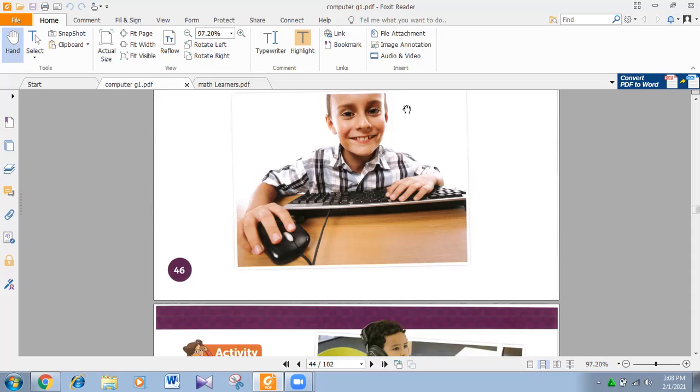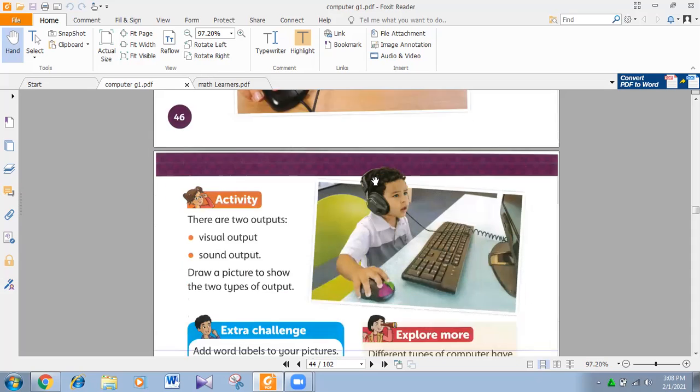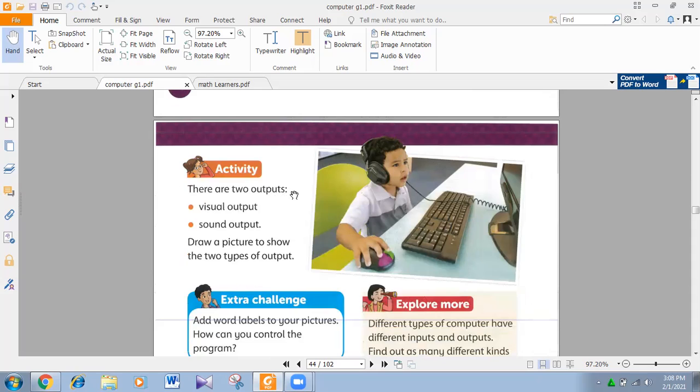Whereas if you think about output, printer and headphones and speakers are output devices. There are two outputs: visual outputs, sound outputs. Visual means something that you can see, whereas sound output means the things that you hear from the computer are sound output.